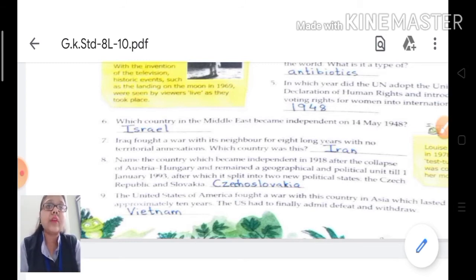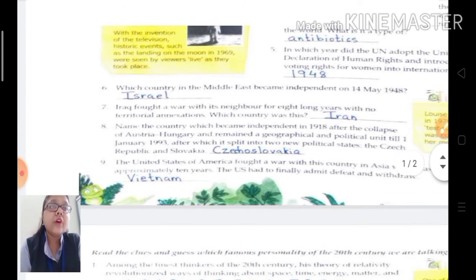Okay. Now next number eight. Name the country which became independent in 1918 after the collapse of Austria-Hungary and remained a geographical and political unit till 1st January 1993, after which it split into two new political states, that is the Czech Republic and Slovakia.